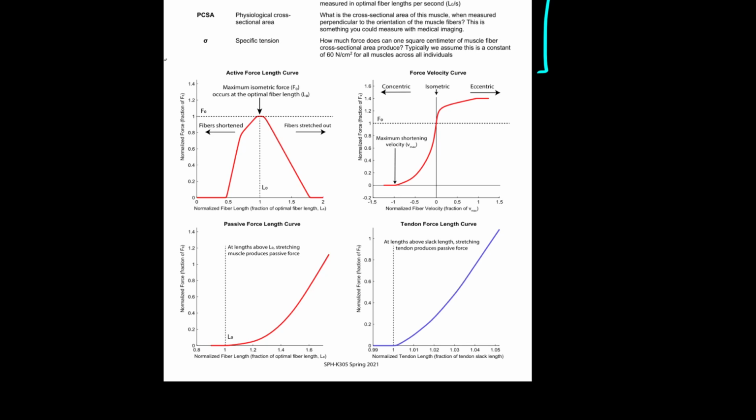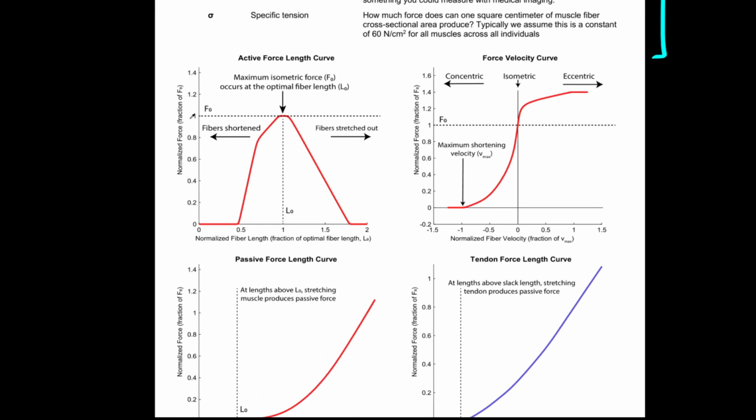Up on the top left, we have the active force length curve, and this tells you how much force a muscle can produce as a function of what its fiber length is. And remember, when you stretch out a muscle, the fibers get longer because the sarcomere ends are coming apart. And when you shorten a muscle, the sarcomeres get squished together.